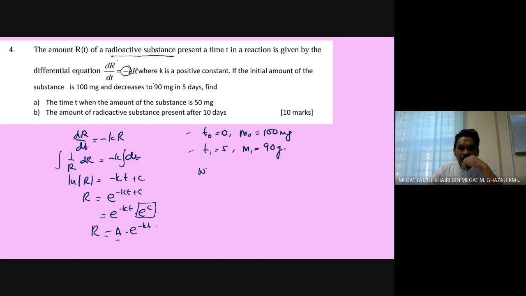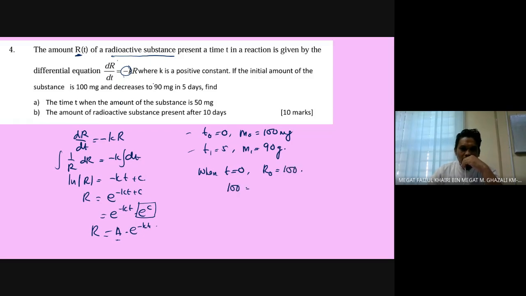So when t equal to 0, R0 equal to 100 milligrams.